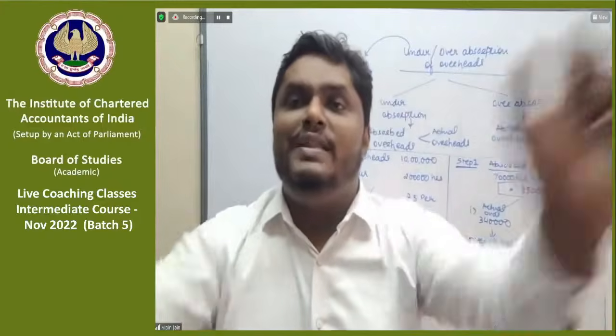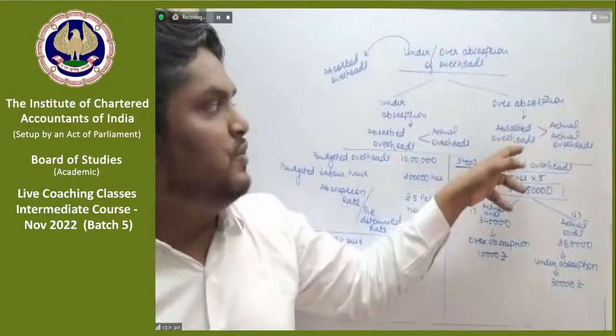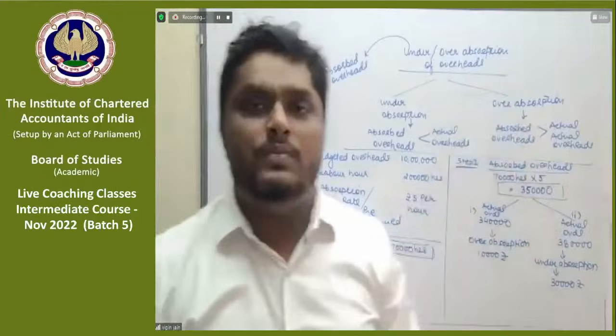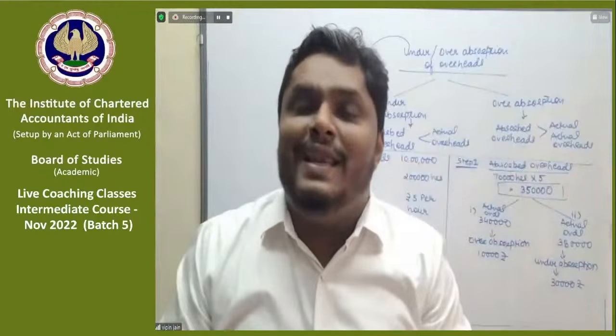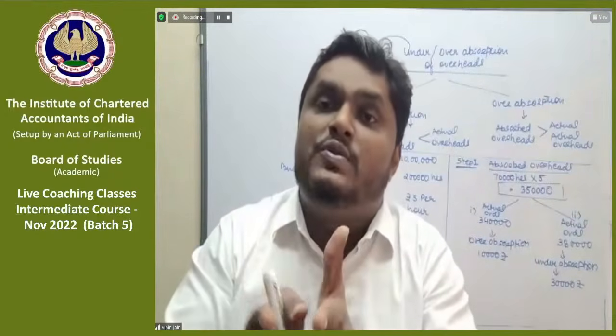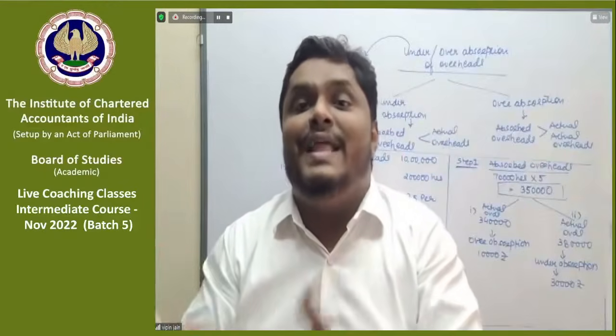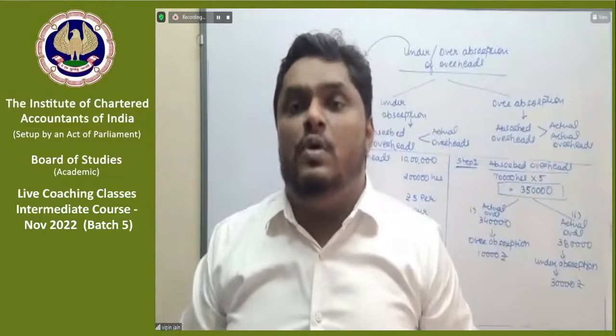So to conclude, guys, if absorbed overheads are more, it is over absorption. If absorbed overheads are less, let's say my absorbed overheads are 5 lakh and my actual overheads are 6 lakh, it means we have under absorbed the overheads.